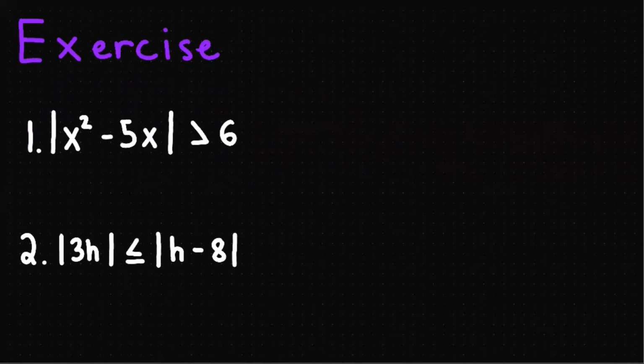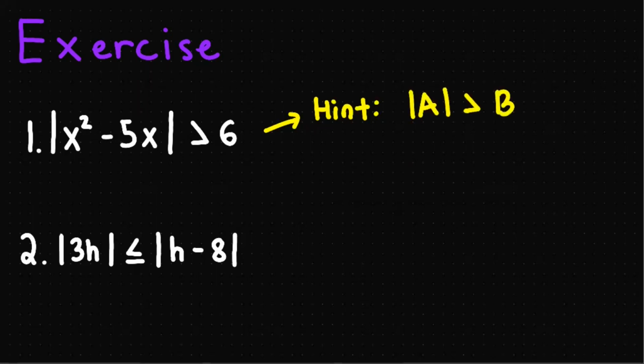Now before I end this one, here are two exercises that you can work on. For this one, first we have the absolute value of x squared minus 5x is greater than 6. As a hint, what you would do is first apply the absolute value case 1, which is this one out here.